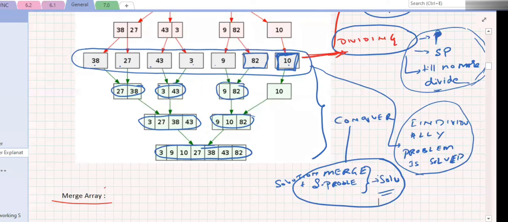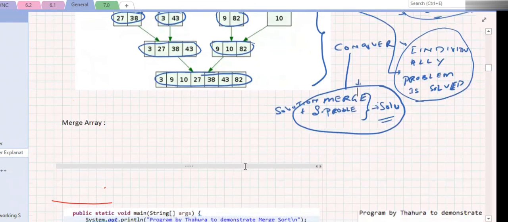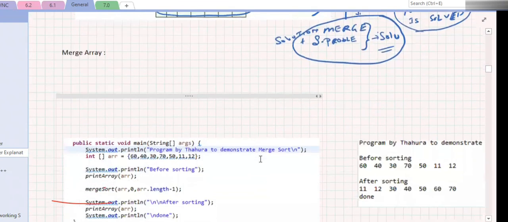Okay. So you need to mention 3 points when defining divide and conquer. Is this clear? You should be able to write the definition of divide and conquer, and it should include 3 points.